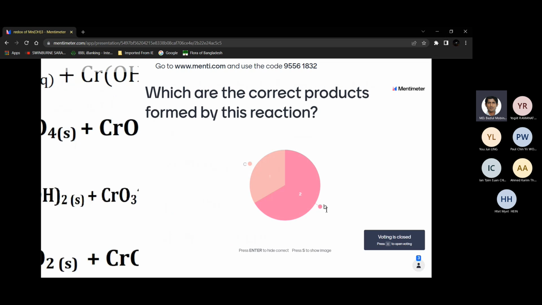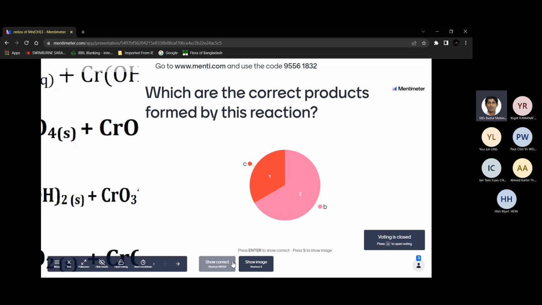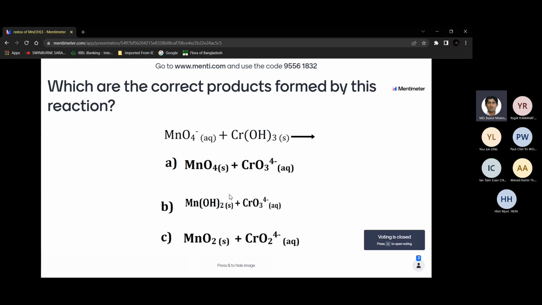Okay, so the correct answer should be B, right? Most of us voted for B. That's very good. For those who haven't voted for B, you now know the correct answer, and you have also tried.